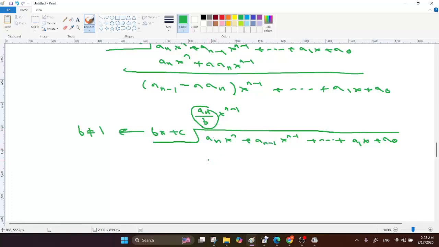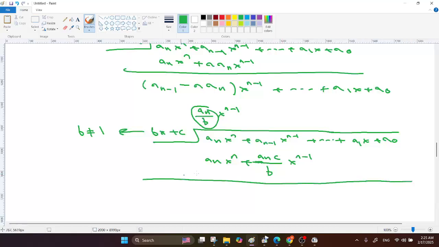Multiply now. You have an x to n plus an times c over b x to n minus 1. So, an over b x to n minus 1 times c is an c over b x to n minus 1.